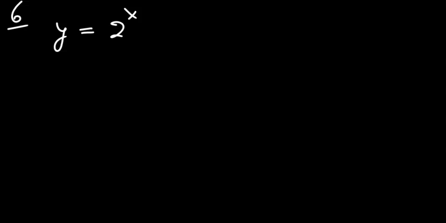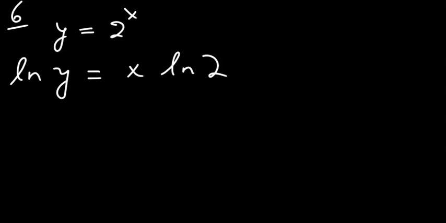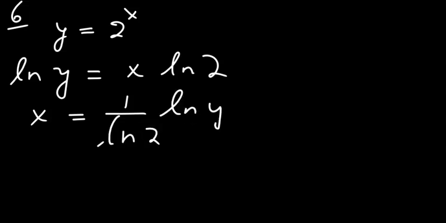Let's look at this problem. y equals 2^x. So what do you do? You take the natural logarithm of both sides, and you're going to get x ln 2. So you can immediately write x in terms of y as 1 over ln 2 times ln y.